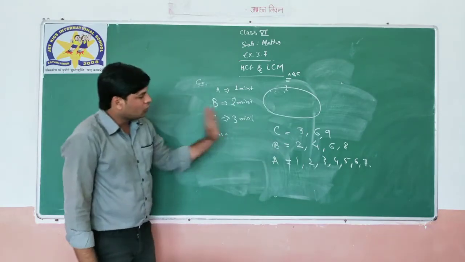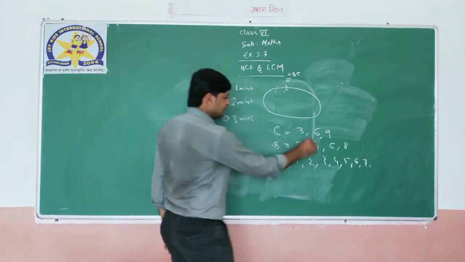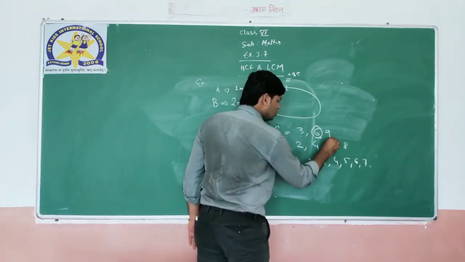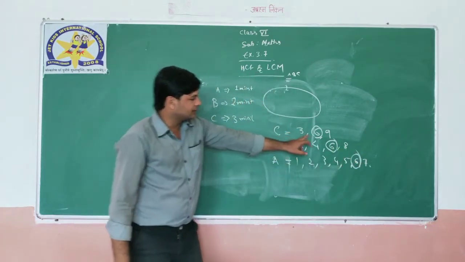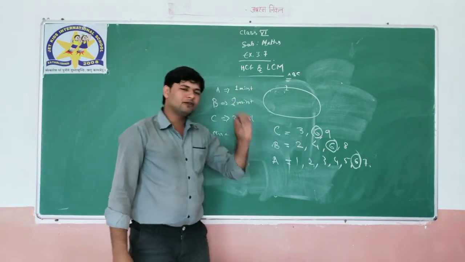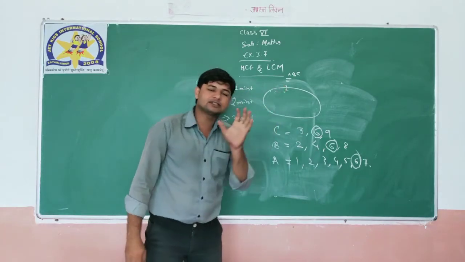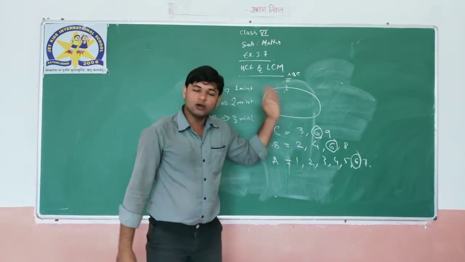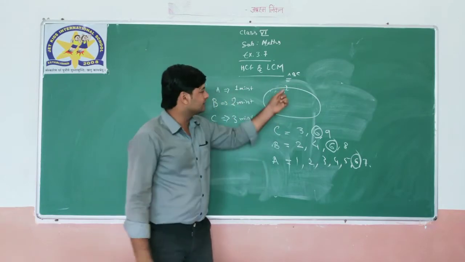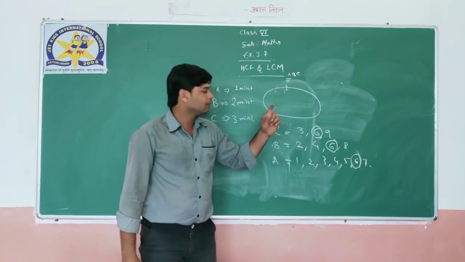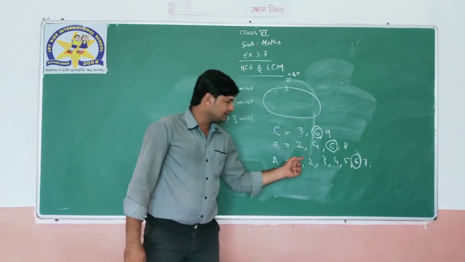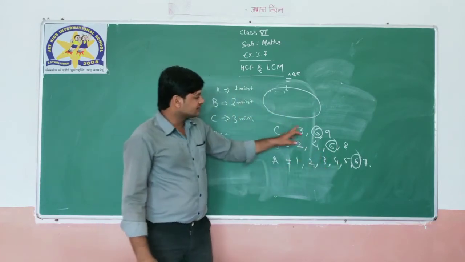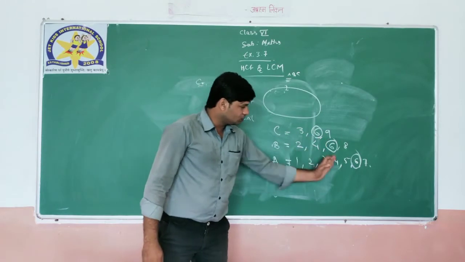Okay, what is common in all? 6. You can see the first common, the lowest common. 6 is common in all. That means everyone is reaching the starting point at the same time, after 6 minutes. Before that nothing is common. Clear? So these are multiples you can see.